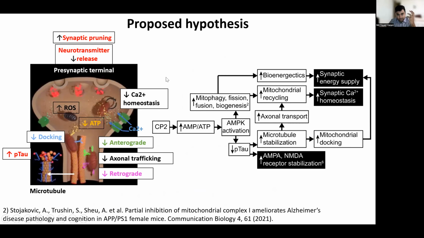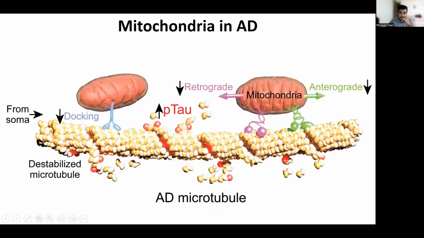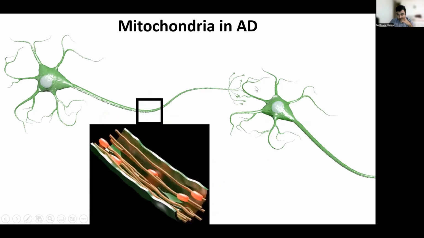we now have a hypothesis that in the brain, when Alzheimer's disease happens, mitochondria cannot move. And because of that, this mitochondria cannot go to the synapses. So these synapses are the points where two neurons meet each other and talk to each other.